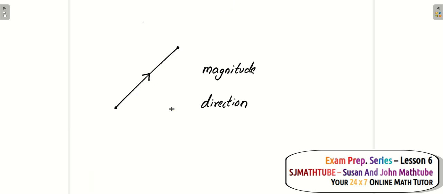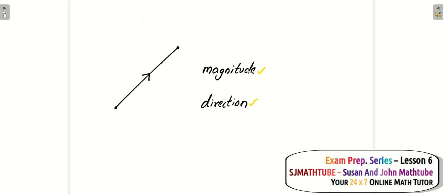So let's start. Before we start the theorem, I want you to understand two small things: magnitude and direction. A vector is associated with two quantities, the magnitude and the direction. When you go for the physical meaning of a vector, magnitude means the amount, the quantity involved in the vector.